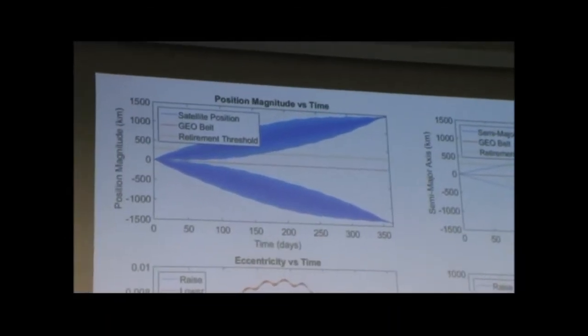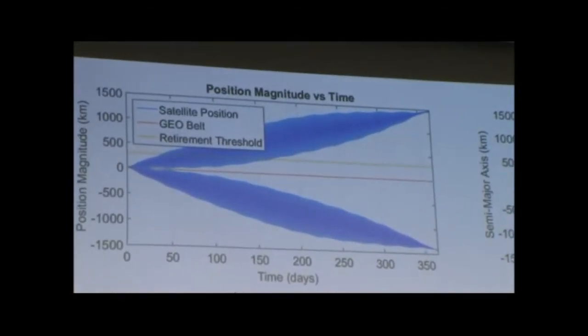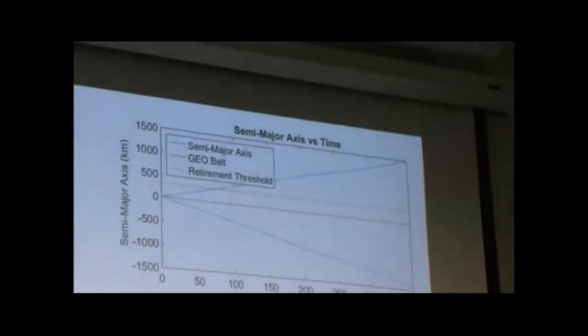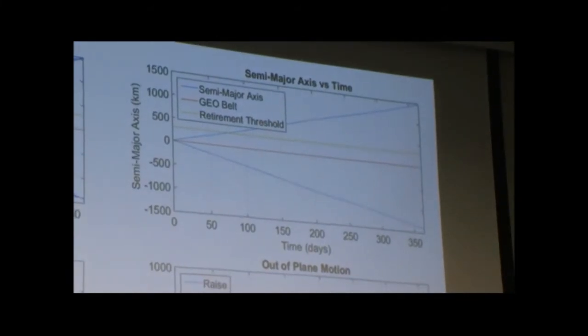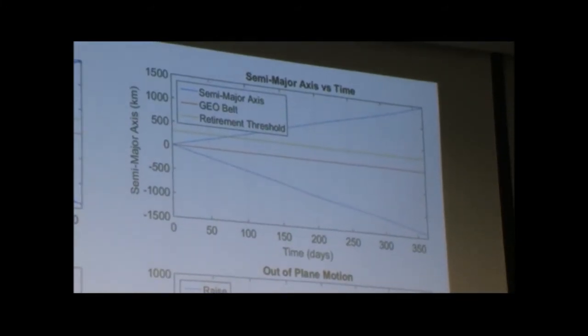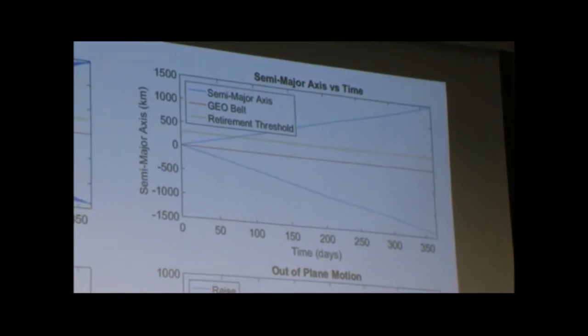That's pretty good. That's all for free, just manipulating a force that's already there. And symmetrically, if we oppose the satellite's orbit, we can lower the semi-major axis about 1,500 kilometers.